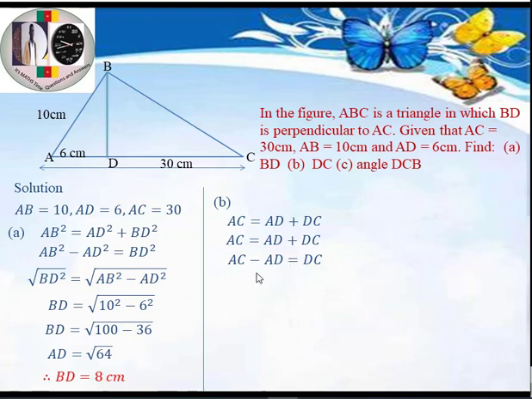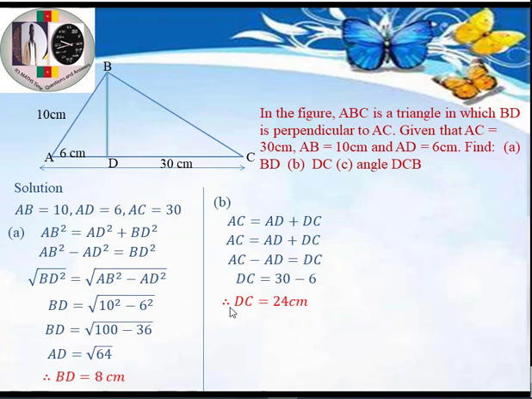So we have AC minus AD equals DC. In that case, we know AC is 30 centimeters. We know AD is 6 centimeters. So DC will be 30 minus 6, and DC will be 24 centimeters. So that's how we get DC.